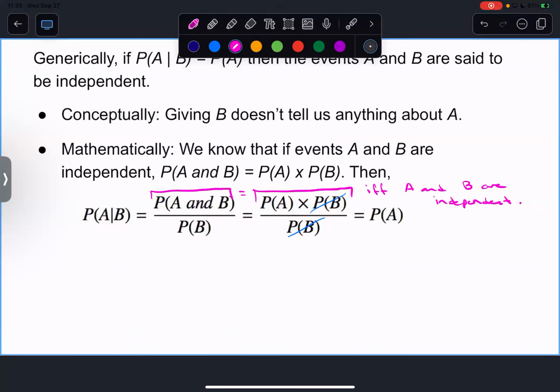So what's going to happen with these conditional probabilities is often there's going to be a first event and a second event, which is what I've introduced on the slide, right? When that happens, the easiest way to organize the information is with a tree diagram.